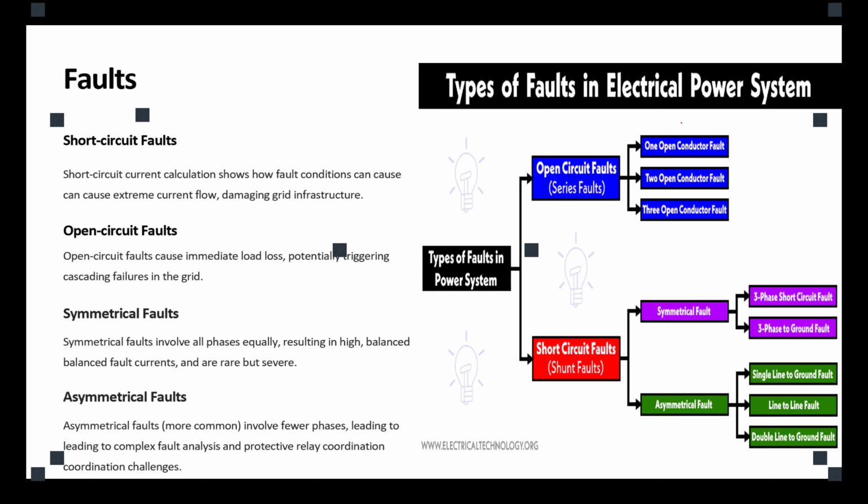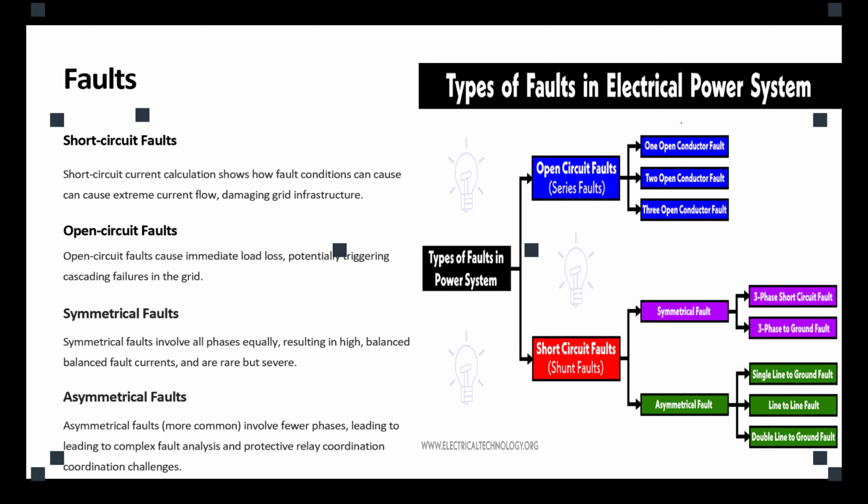Now, before we talk about how we could deal with that situation, let's go over the faults. What are the faults? Because most of the important causes of those disturbances that we are going to talk about are faults, when there is a short circuit or open circuit in our system.